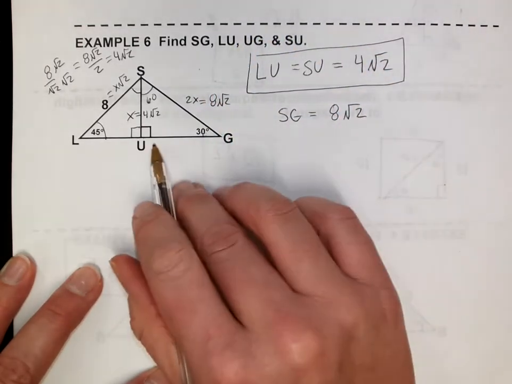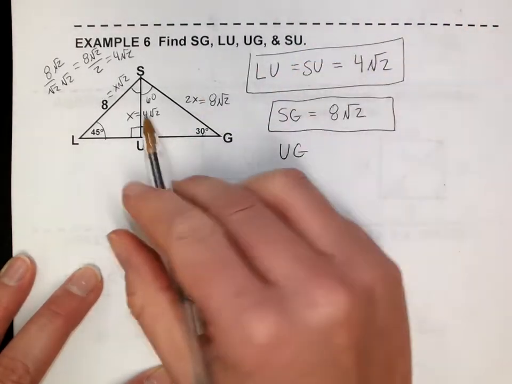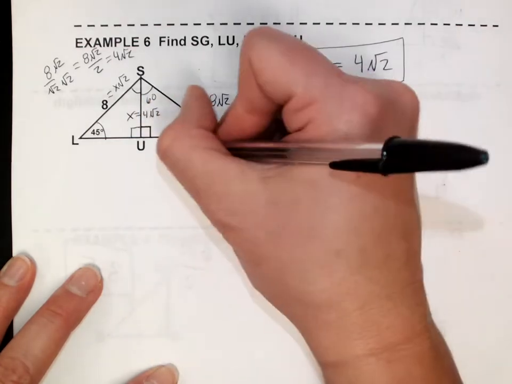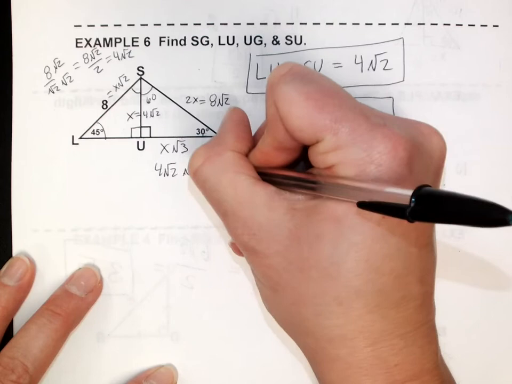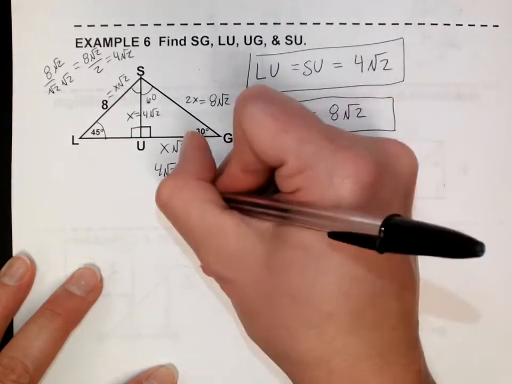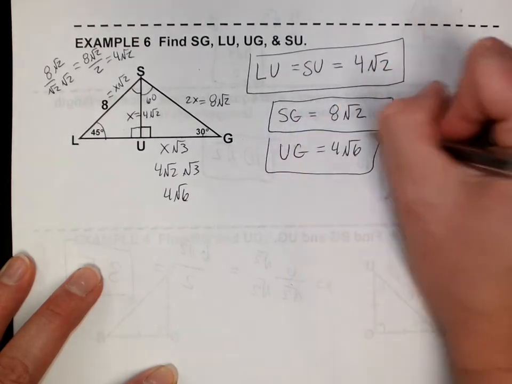Okay. UG is going to equal x times the square root of 3. So 4 square roots of 2 times square root of 3, or 4 square roots of 6. It's a good question.